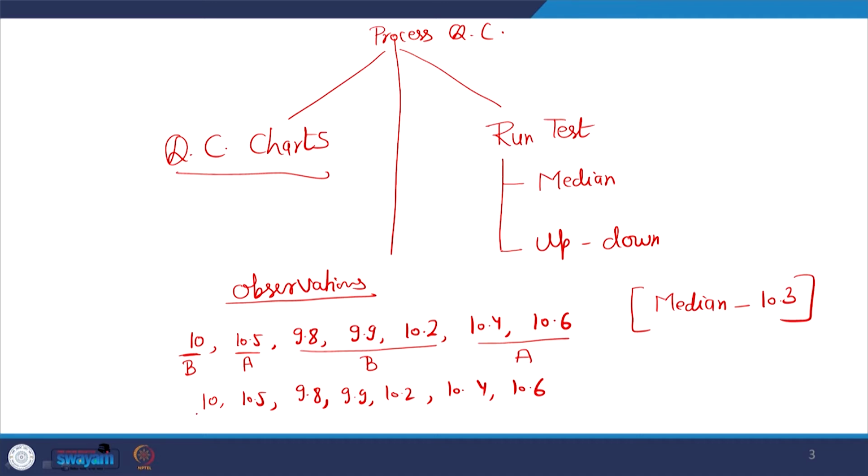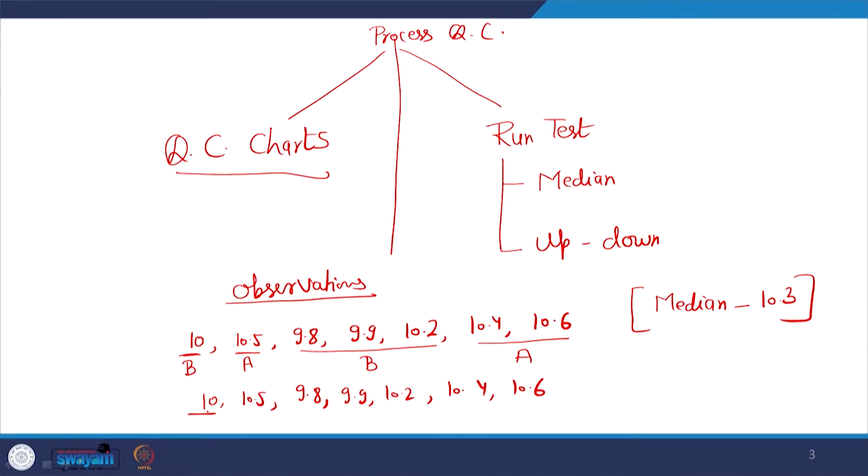There will not be any kind of notation for the first observation, but the second observation is compared with the previous observation. So, 10.5 is more than 10, therefore this is on the upside, but 9.8 is less than 10.5, so it is down.